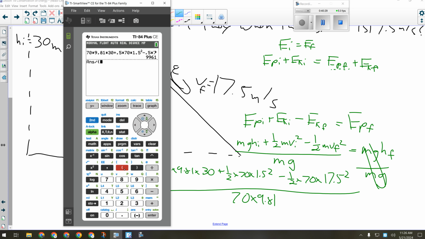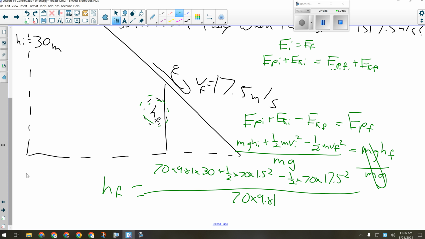All right, divide that by 70 times 9.81. Okay, so now we're at a height of 14.5 meters. We've come down just a little more than halfway, vertically speaking. All right, so 14.5 meters would be my final height.